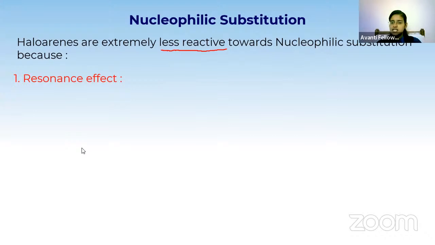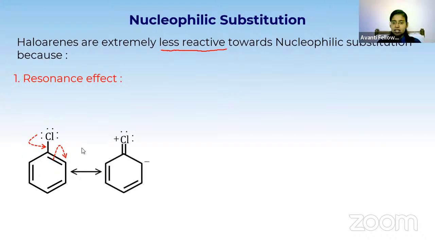To understand the resonance effect, I would like to take an example of a haloarene. Let me take chlorobenzene. Here, there are 3 lone pairs on chlorine, right? They will undergo delocalization. The delocalization of pi electrons will happen, and the electrons will shift like this, leading to one more structure. In this structure, the negative charge will come here, and the pi electrons will come to the carbon below, leading to the third structure.